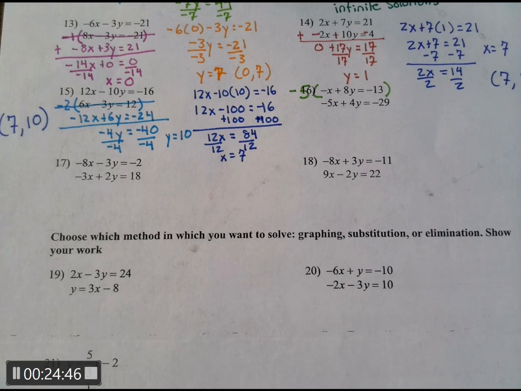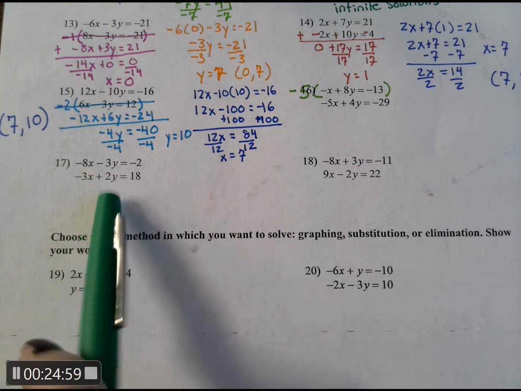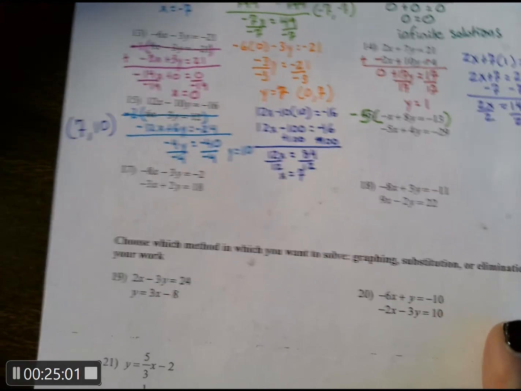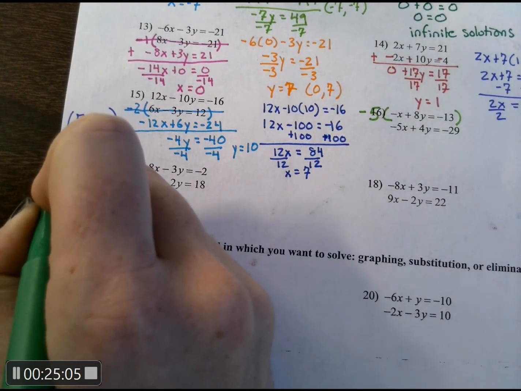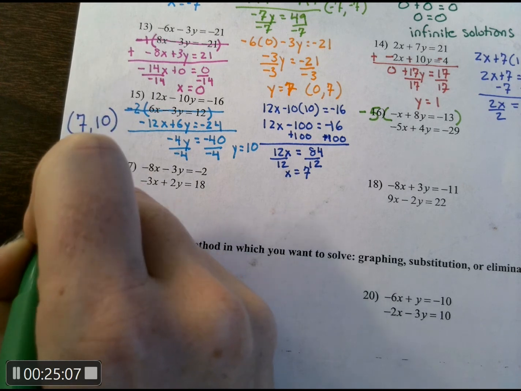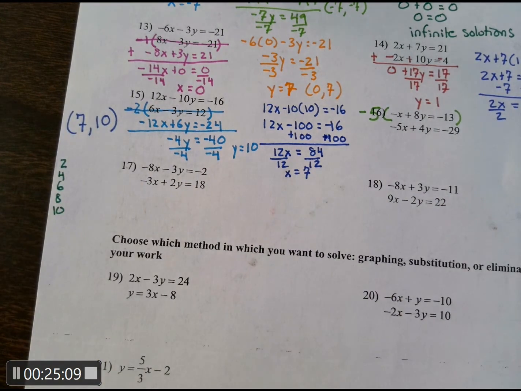Okay? Alright, so then for 17, if you take a look, there are multiple ways you can solve this one, but the easiest way to solve it is to look at our y's. We want our y's to be the same number. So you would list out 2, 4, 6, 8, 10. Multiples of 2.